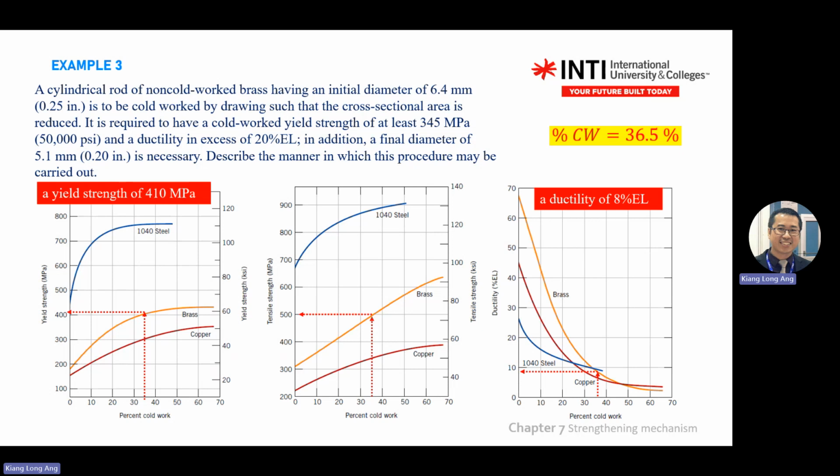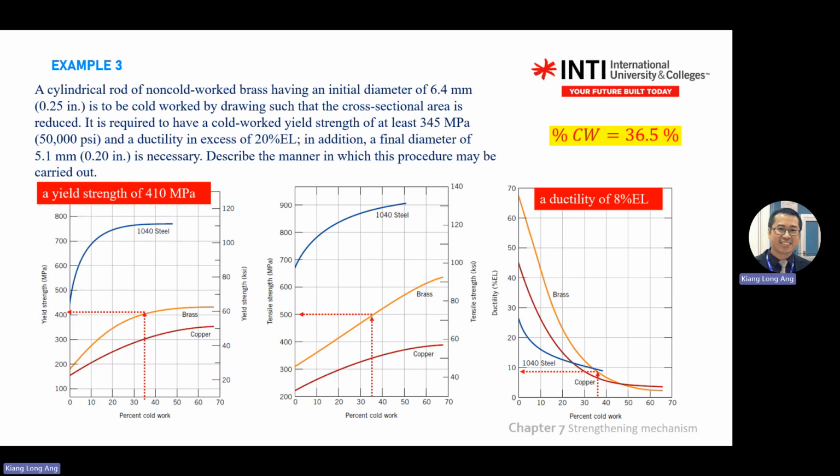So if you do this cold work, you cannot meet the customer's requirement. Understand? The product may be installed on a spacecraft or on a very high-tech machine, but it cannot. If you do this percentage of cold work, you cannot.